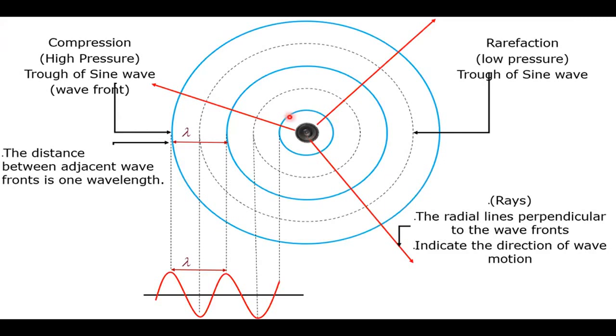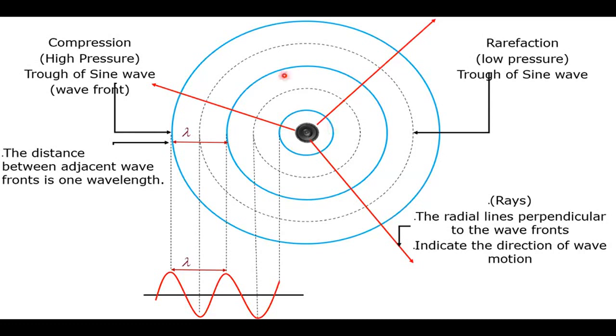Around the speaker there are spherical shells which represent compressions, which are high pressure, high density regions. It is also a crest of a sine wave, and it is called a wave front.